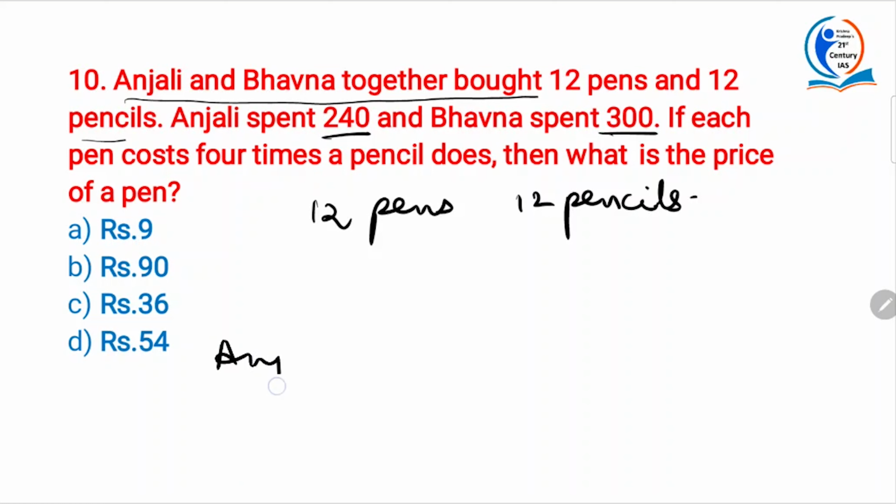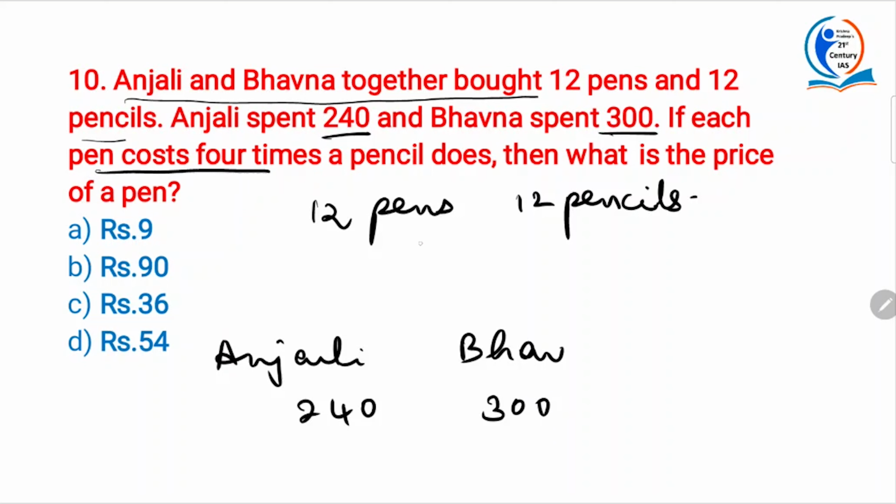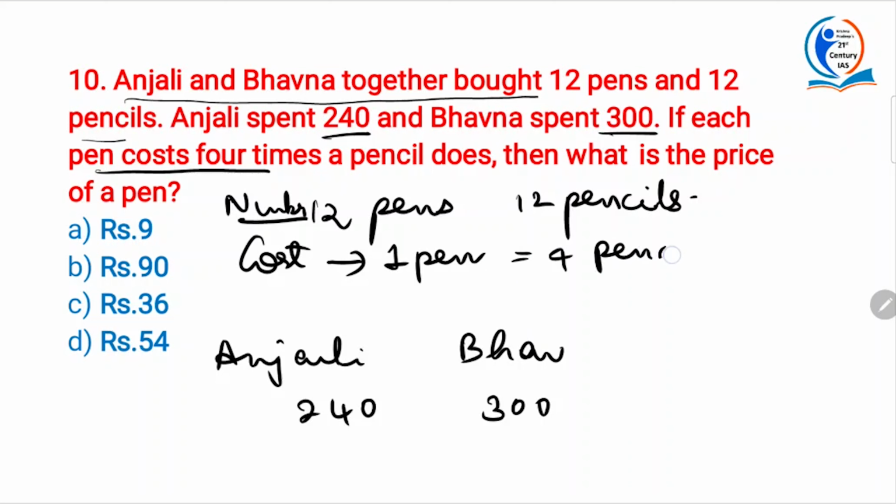If one pen costs 4 times one pencil, then what is the price of a pen? If one pen is costing 4 times one pencil, then one pencil would cost 1/4 of the pen.